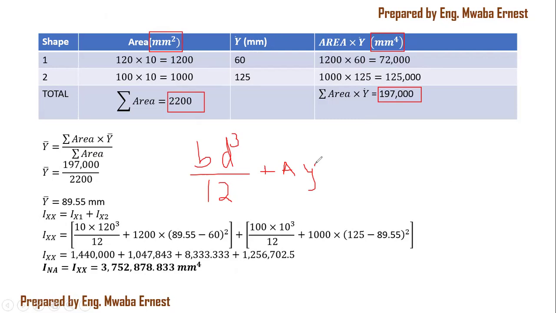From there, we can now start shape by shape. We'll do the same for shape number 1 so that we get I1, and we'll do the same for shape number 2 so that we get I2.